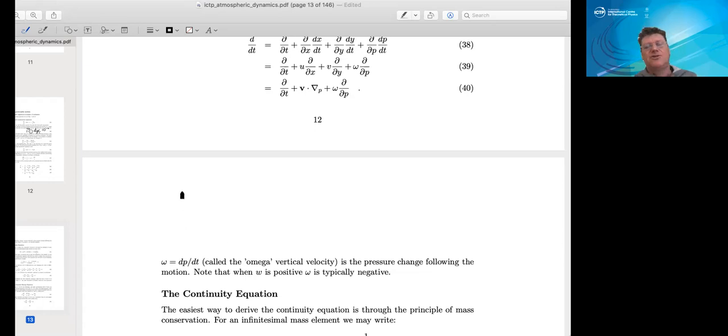So you can show this approximately by noting that the main term in this equation here is w dp by dz.